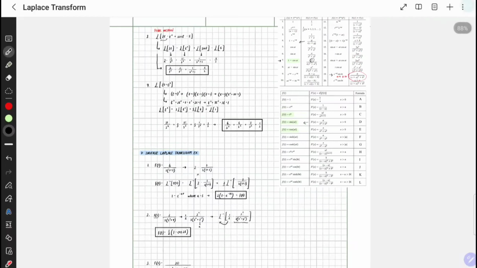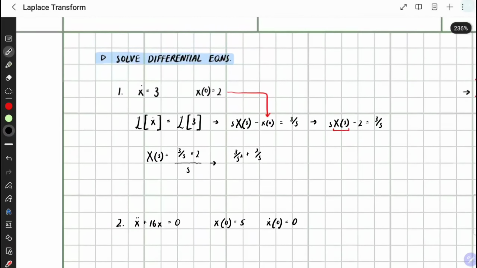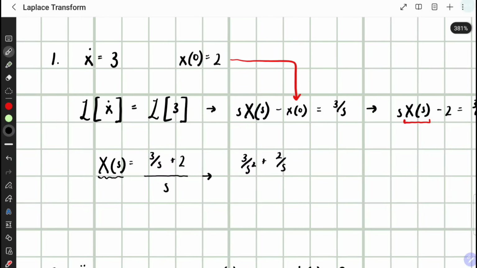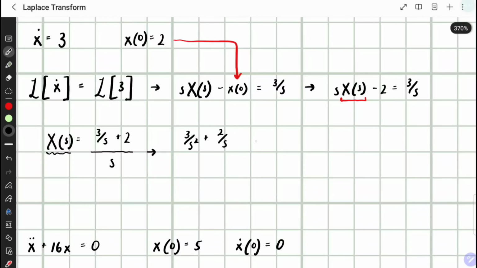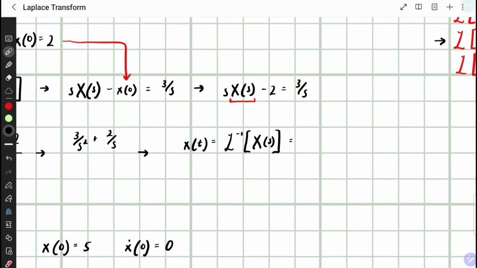Same thing here. We have our function in the s domain. And if we want to get back into the time domain, we just take the inverse Laplace of this. So our x of t is equal to the inverse Laplace of X of s, which is equal to the inverse Laplace of this expression here, 3 over s squared plus 2 over s.